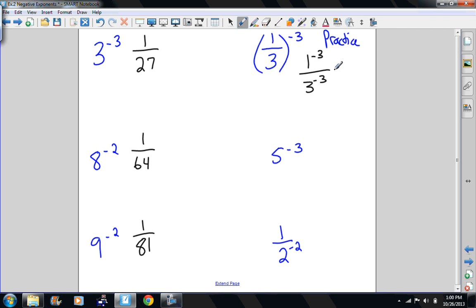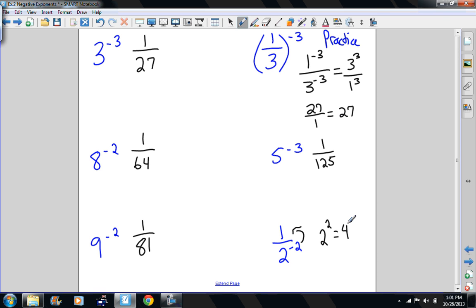And since they both want to flip, we'll get 3 cubed over 1 cubed, which becomes 27 over 1, or 27. Back to normal, 5 to the negative third, that would be 1 over 125, because 5 cubed is 125. And finally, at the end, we have a negative exponent in the bottom that wants to revert back to the top. So we get 2 squared is equal to 4.